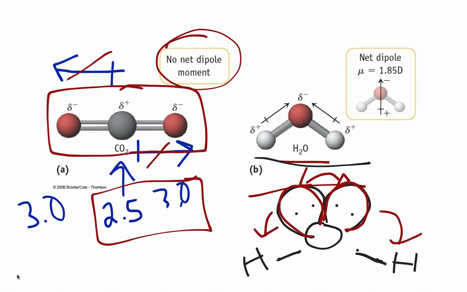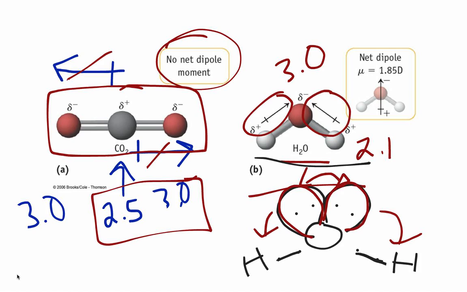So instead of having a linear structure, knowing VSEPR theory and knowing that lone pairs take up room, we result in a shape that's called bent. Again, it has tetrahedral geometry, but the shape is called bent. So now we have that oxygen with an electronegativity of 3.0 and the hydrogens with an electronegativity of 2.1, so we have bond dipoles here and here, and they're both pulling towards the oxygen.